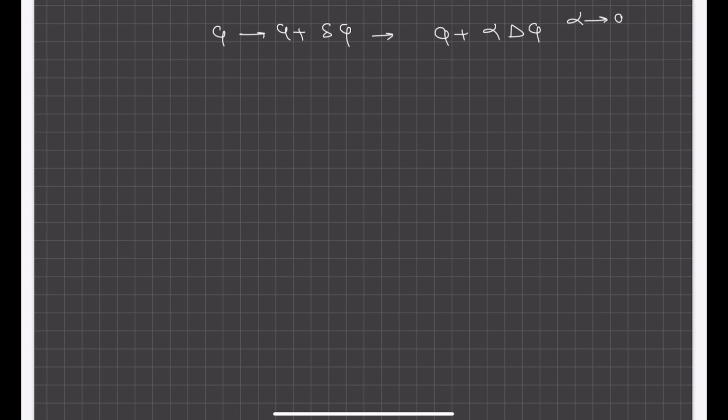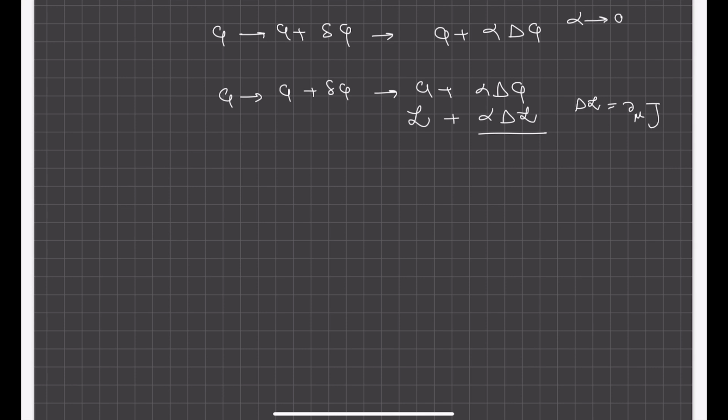Now imagine that I have this transformation. I take one field and deform it; let's say I take one field and add alpha delta phi, some deformation. My Lagrangian is going to be the Lagrangian plus some Lagrangian deformation, right? And if I can write this deformation of the Lagrangian as the full derivative of some function, which I have to find out, so this is like integration.